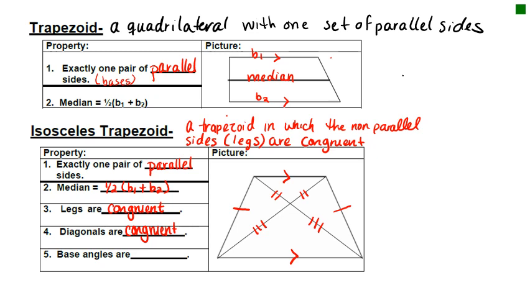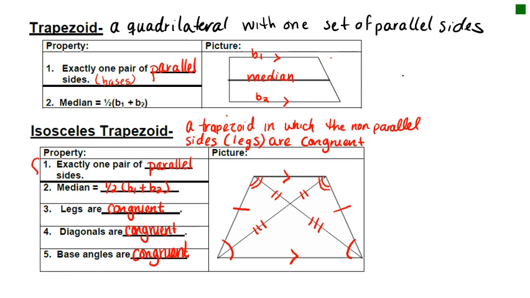And the whole diagonal is congruent to the other whole diagonal. Notice the diagonals do not bisect each other. And then finally, the base angles are congruent. So this angle is congruent to this one, and this angle is congruent to that one.